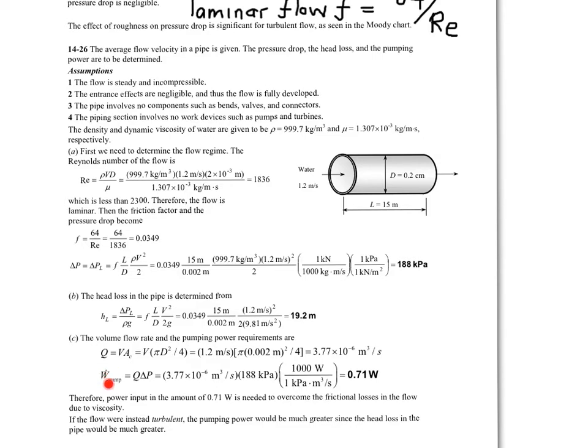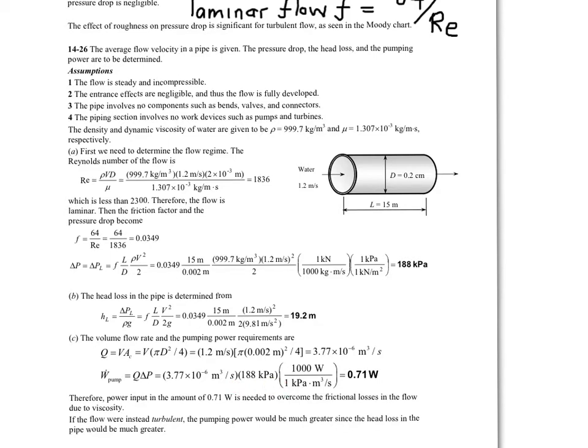The power is simply the pressure drop times the flow rate. I think I've been emphasizing this point in seminar 1 and 2 and 3, and I think you get the hint that this is a pretty important formula. Flow rate in meter cube per second, pressure drop in kilopascals.